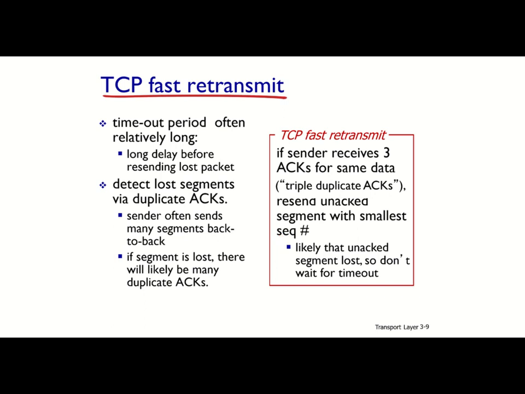It's likely that the unacknowledged segment has been lost, so we don't need to wait for the timeout. Why is it likely that the unacknowledged segment is lost? Because we are receiving the same acknowledgement 3 times, so that means something is wrong. In the next slide, I'll explain more about a scenario where we receive 3 acknowledgements for the same data.